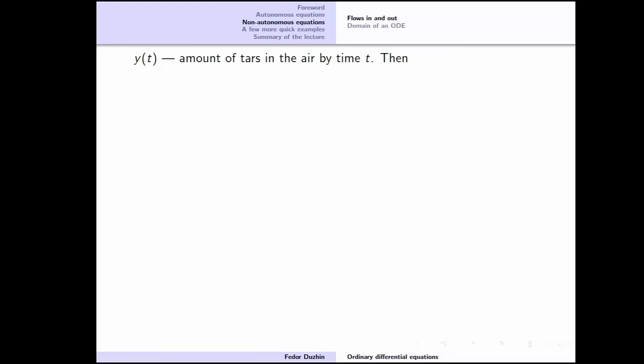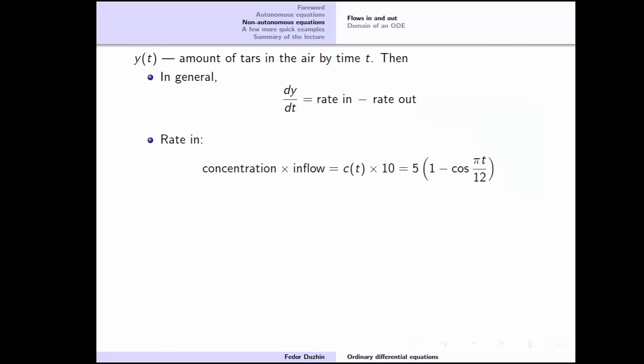Right, so in general, if we have the amount of tars, then we have the rate in and the rate out. So let us look at the rate in. The rate in is going to be the concentration of tars in the air times the inflow.